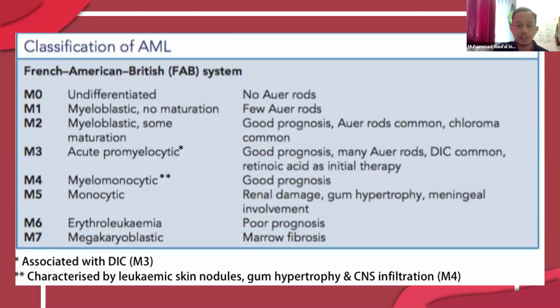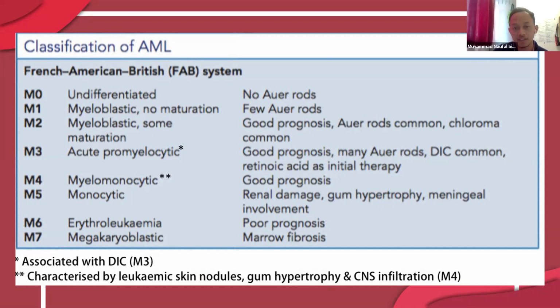So this is the classification of AML based on the FAB system. It is just like the ALL. It is classified based on the morphology of the blood cell: M0 is undifferentiated, M1 myeloblastic with no maturation, M2 myeloblastic with some maturation, M3 acute promyelocytic, M4 myelomonocytic, M5 monocytic, M6 erythroleukemia, and M7 megakaryoblastic.